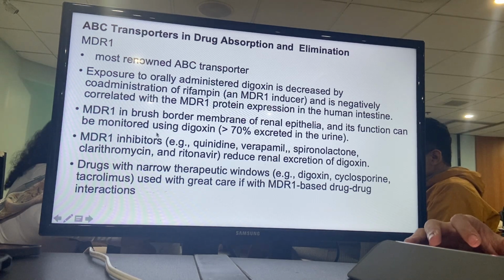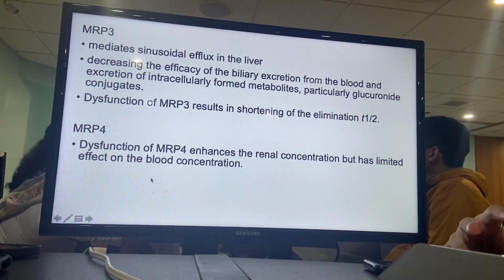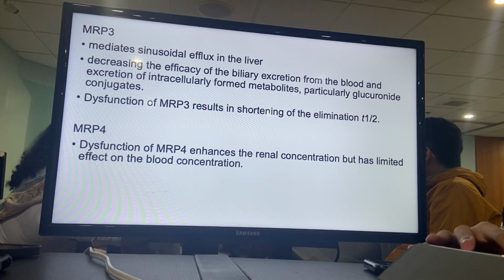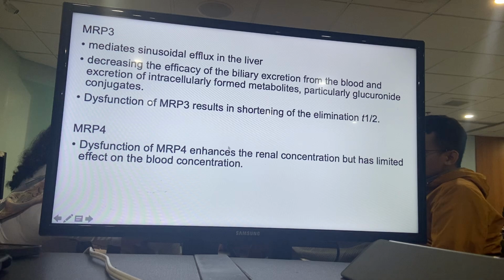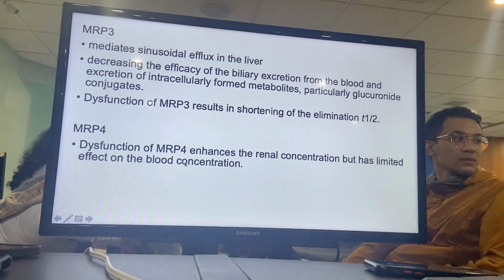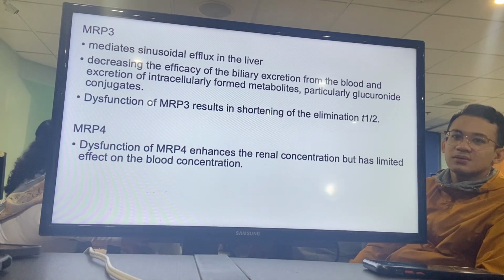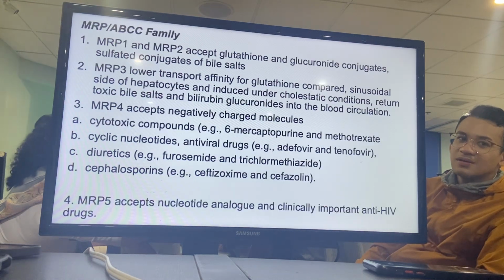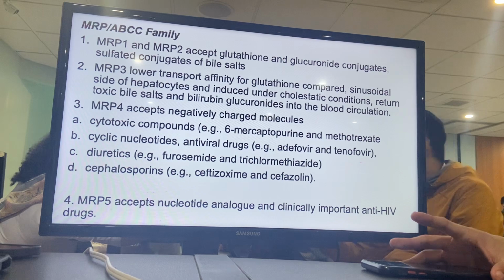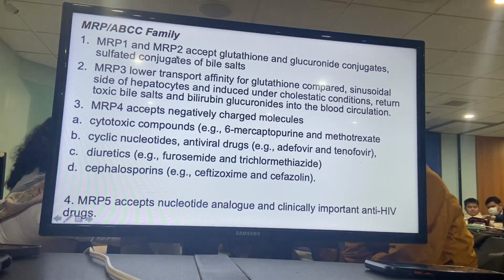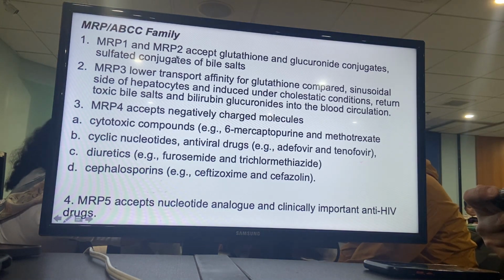Okay? So that's it. MRP3 is in the liver, specifically for your glucuronide conjugates. MRP4 enhances your renal concentration. And again, more examples. MRP1 and 2 for glutathione glucuronide.